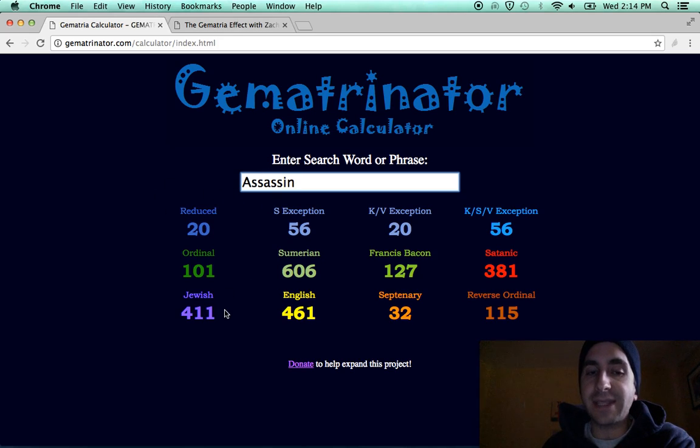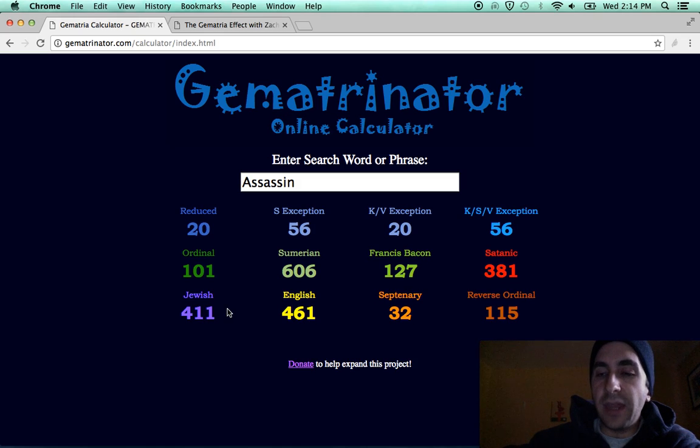The word assassin in Jewish gematria is 411. Look up where JFK was assassinated from. 411 Elm Street. And in an episode from 1961 of the Andy Griffith Show, 411 Elm Street was an address where a bootlegging family got busted.